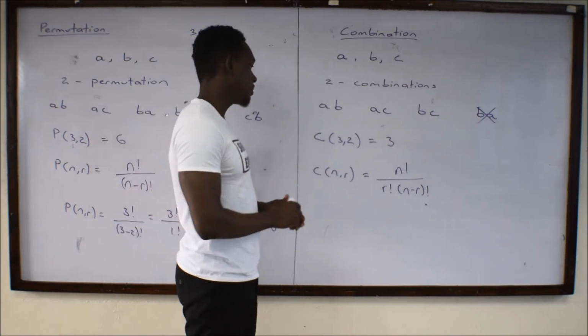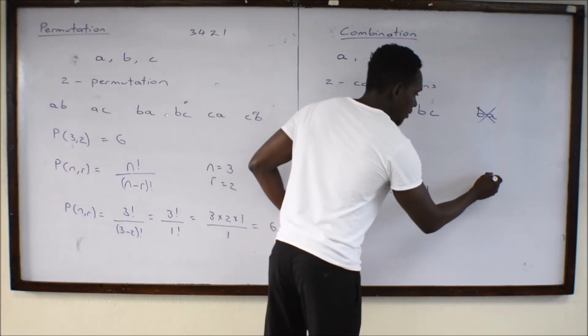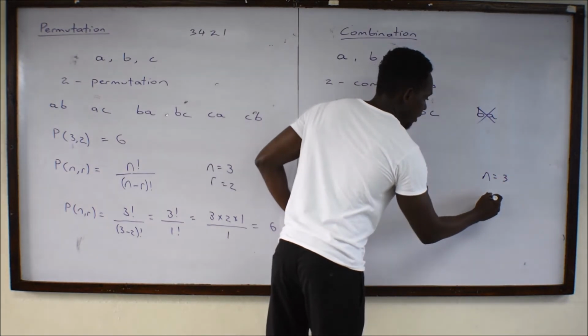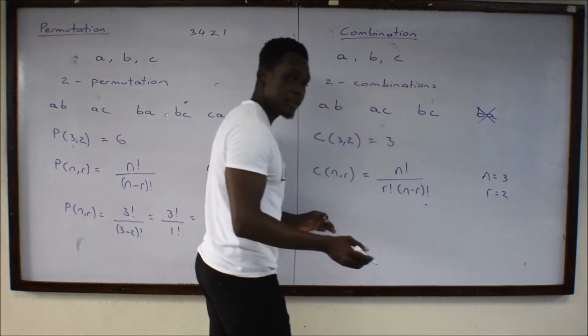In our example, n, once again, is 3 and r will be 2.